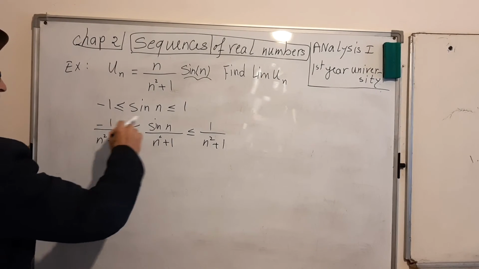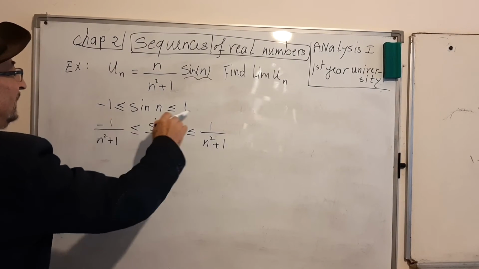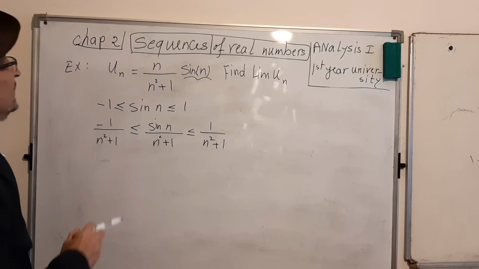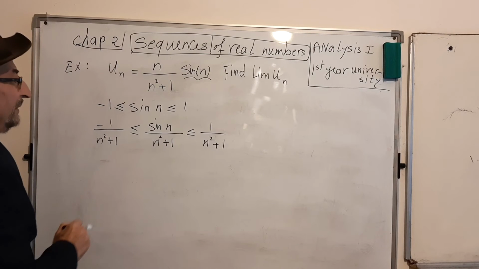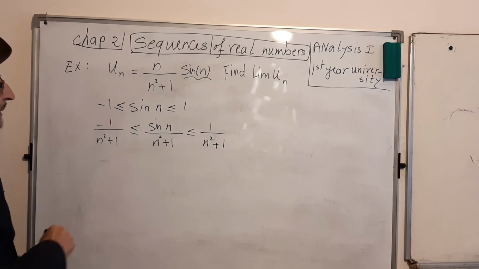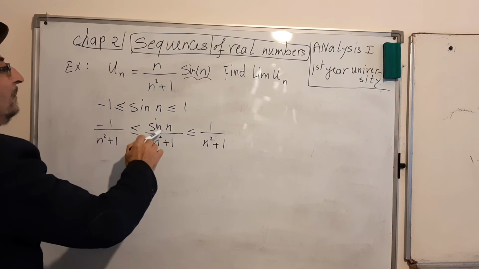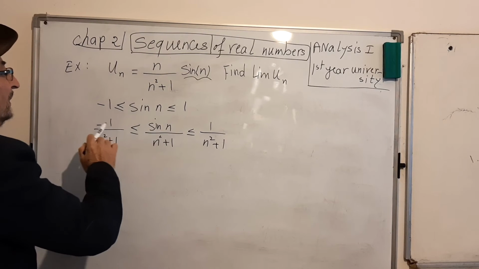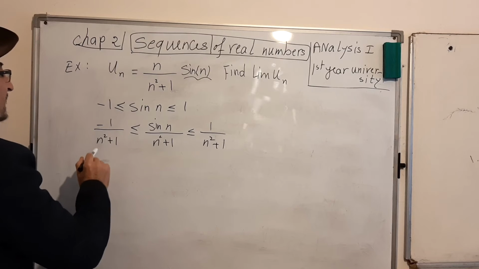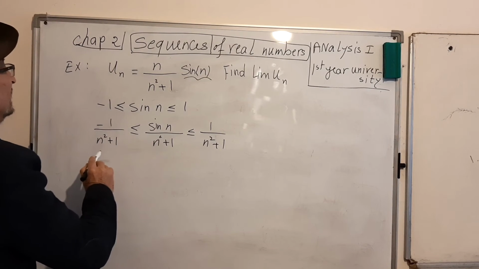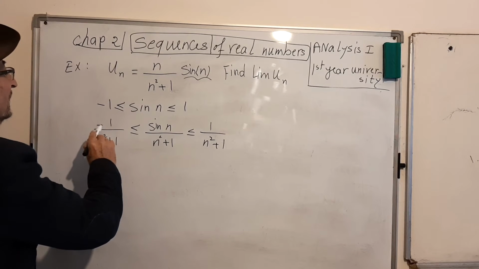We can divide by a positive number without changing the inequality. Now we can multiply by n. N is positive, so we obtain the same inequality, in the same sense.